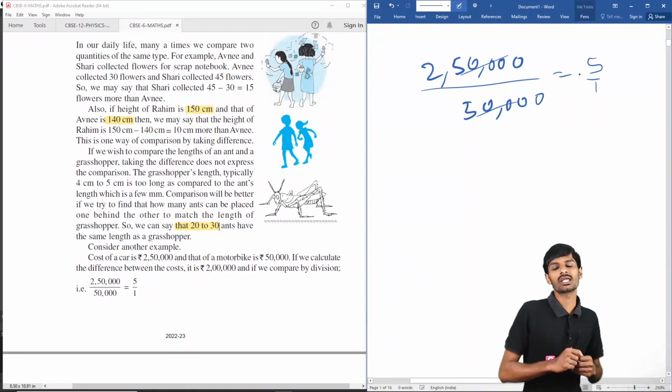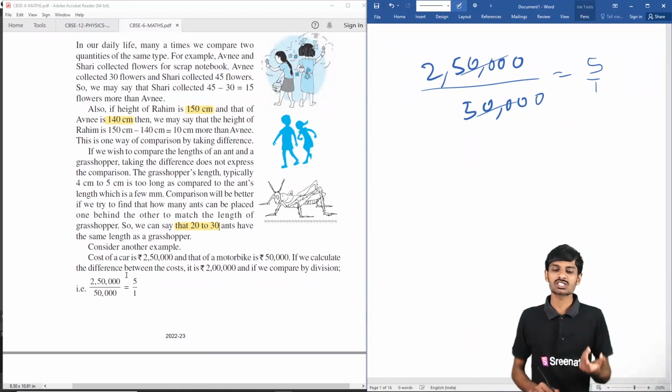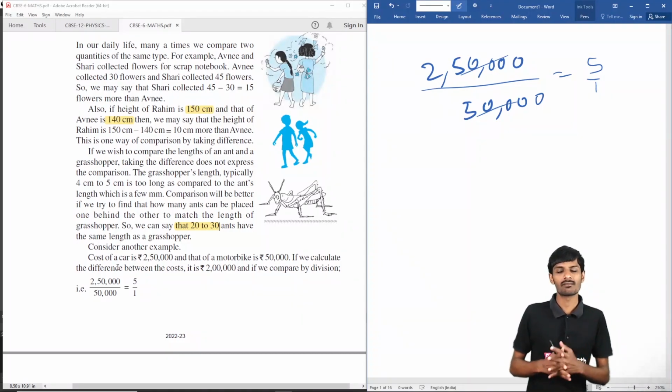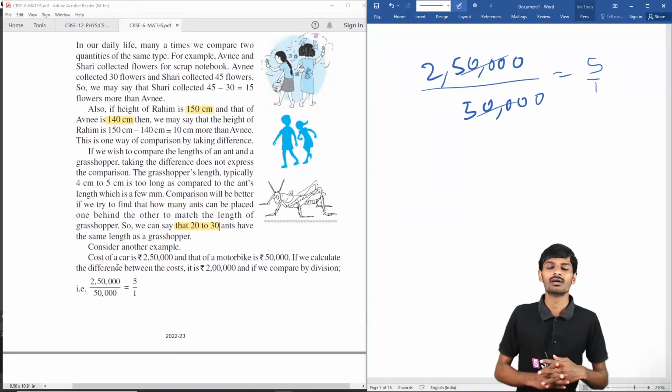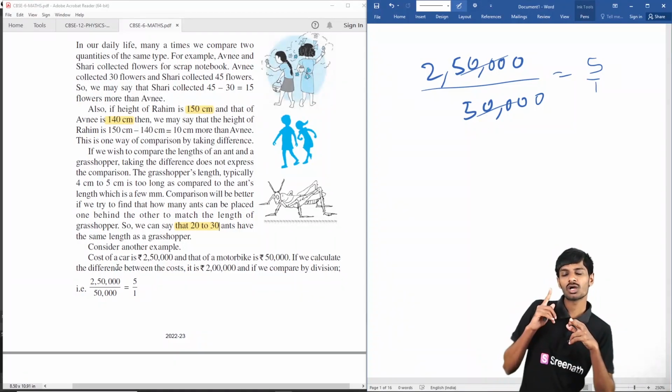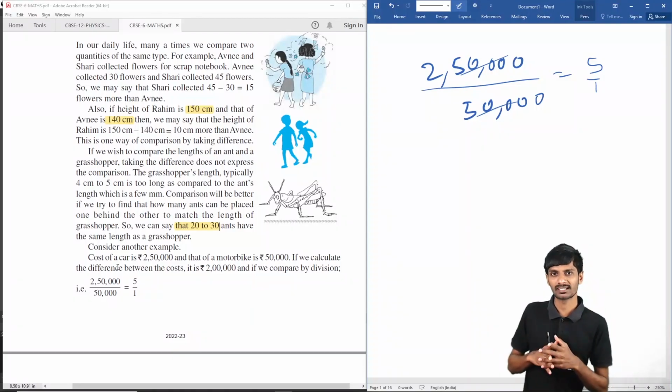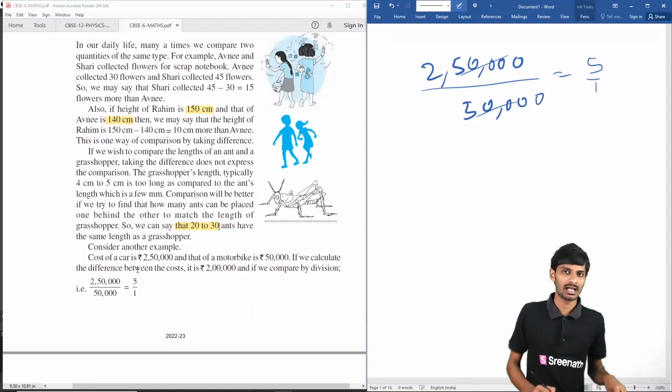So what you can conclude is that the cost of the car is 5 times the cost of the motorbike. So if you want to buy a car, it equals buying 5 bikes. It is a good way of comparing, students.